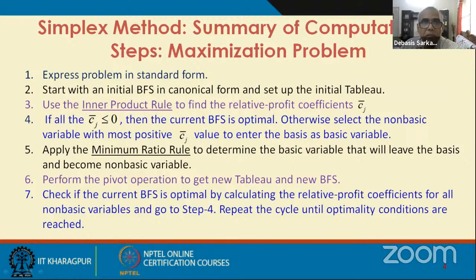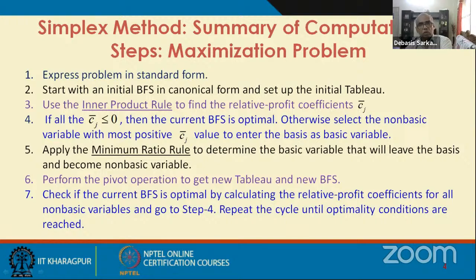If all Cj bar are less than or equal to 0, then the current basic feasible solution is optimal. Otherwise, we select the non-basic variable with the most positive Cj bar value to enter the basis as a basic variable.